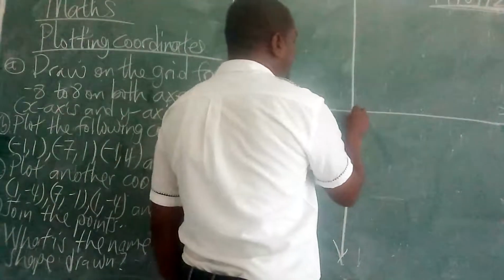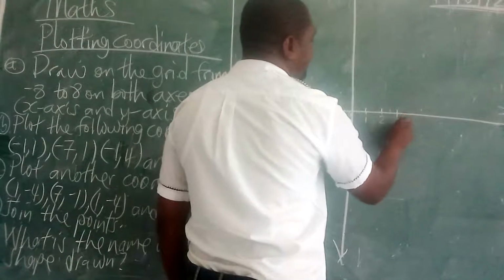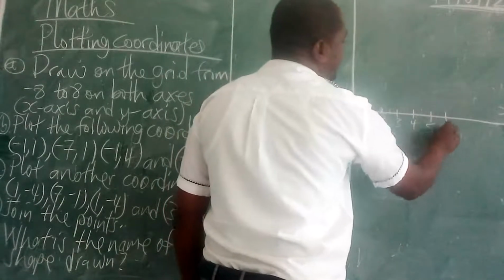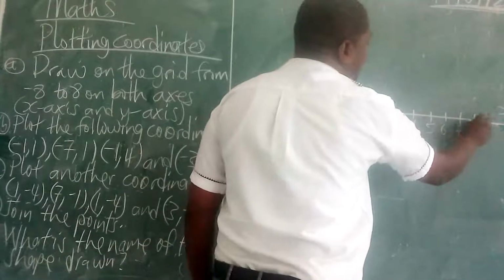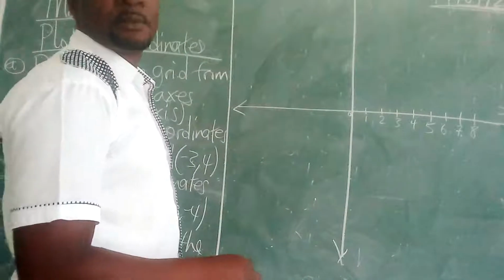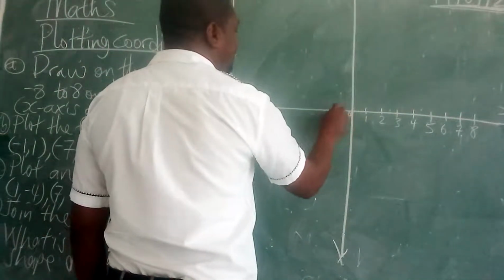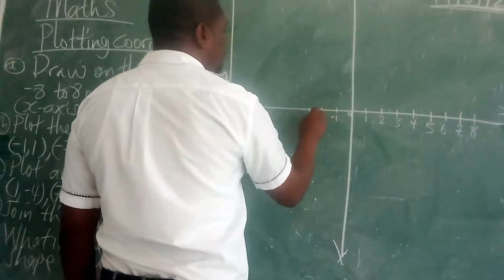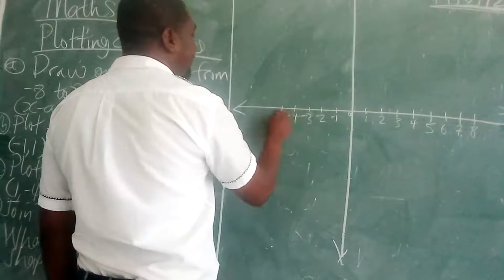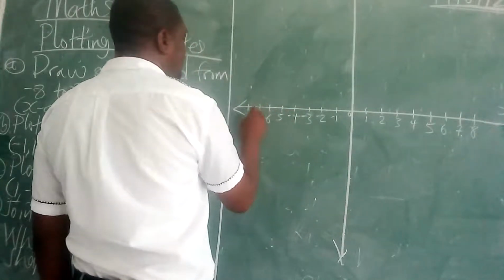And then the question says we should draw from negative 8 to 8. So we have here 0, here 1, 2, 3, 4, 5, 6, 7, and then 8. Then on the negative side we have negative 1, negative 2, negative 3, negative 4, negative 5, negative 6, negative 7, negative 8.